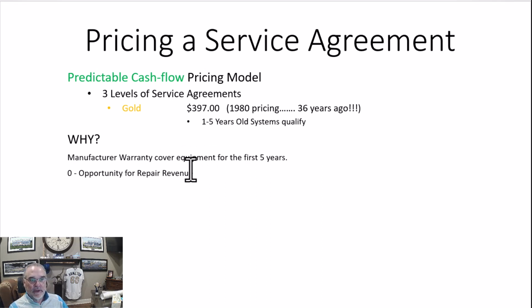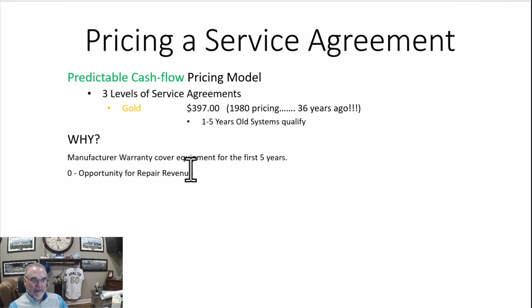Zero opportunity for repair revenue here. That's why the price is high. The manufacturer's taking over that cost for the repair. You have to charge a price knowing the manufacturer has that built in.